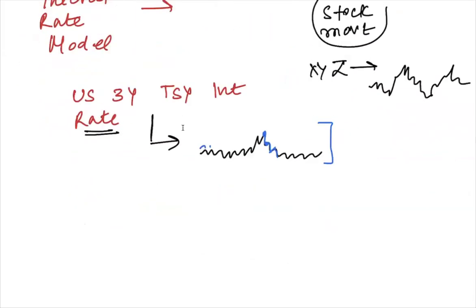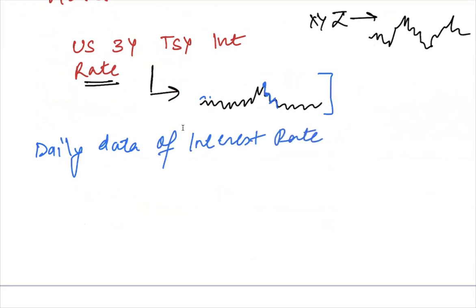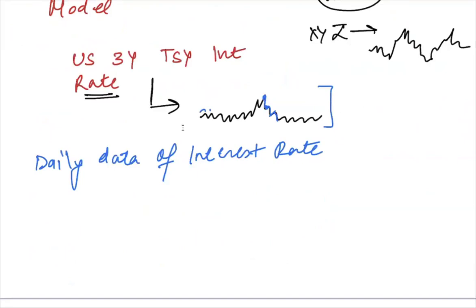We also get daily data of interest rates, like how we get the daily data of stocks. And the pattern is always random in nature.